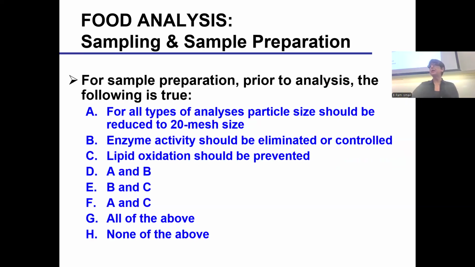For all types of analysis, for example, you're determining moisture content, you're extracting fat to determine fat content, you always mill the samples to a 20 mesh. Do you know what the mesh size is? One mesh is equal to? Have you heard of that before? No, that's fine. It is the number of openings in a sieve in 1 linear inch.